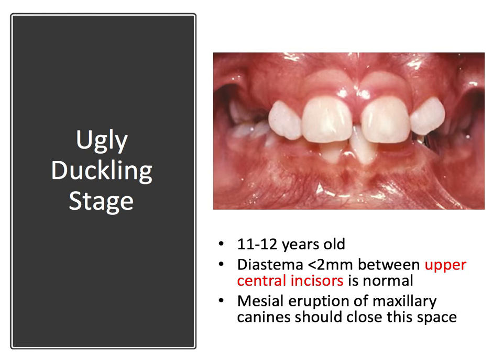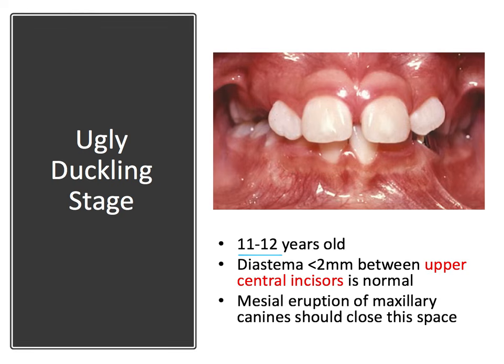So the ugly duckling stage is part of this mixed dentition. And this gap between the upper central incisors is a hallmark of the ugly duckling stage. This is about 11 to 12 years old, and less than 2 millimeters is completely normal. Now, the mesial eruption of the maxillary canines should close this space, meaning that when those canines come in, these teeth should be slightly pushed together and this space should close just a little bit.